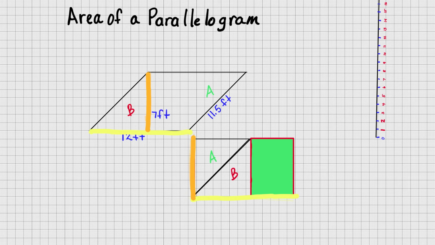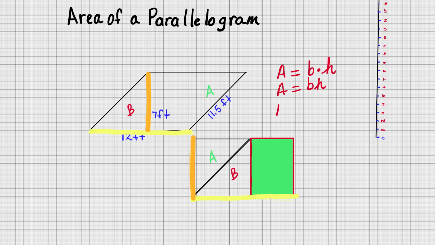But since we're talking about a parallelogram, we use the formula area equals the base times the height. Sometimes they might give you the times symbol, or sometimes you just get the two letters together, because two variables together means multiplication.